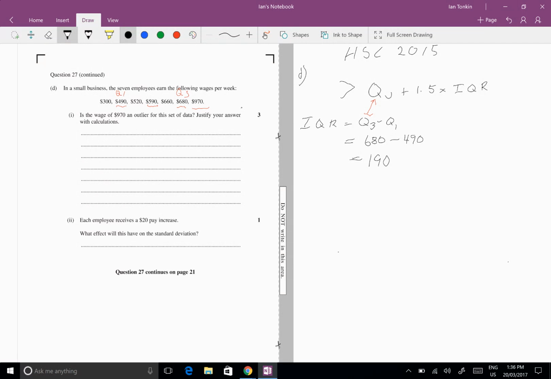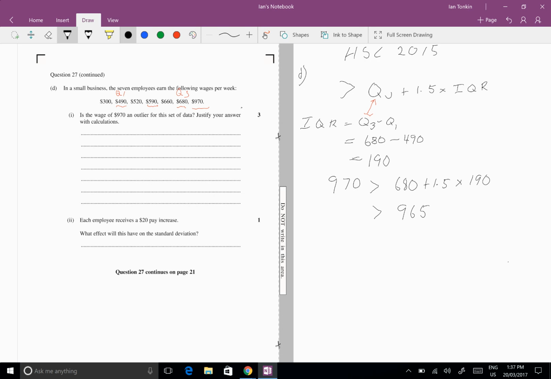Now, is 970 greater than the upper quartile? Well, we know that's 680 plus 1.5 times 190. So we're just applying the formula. And that is 965.